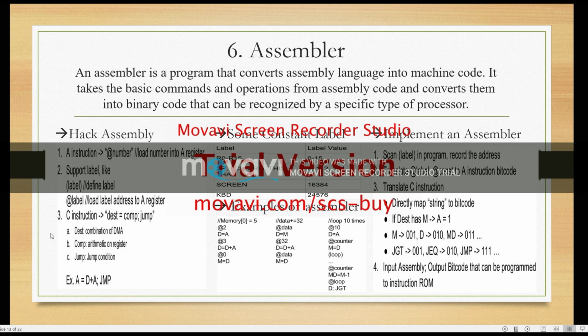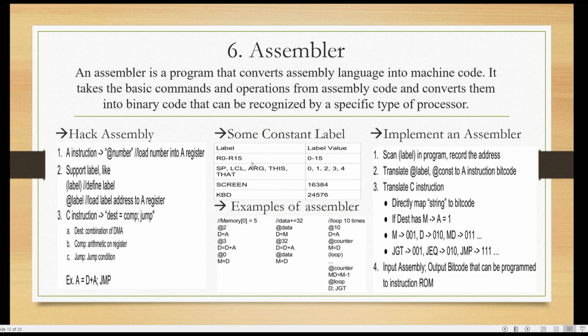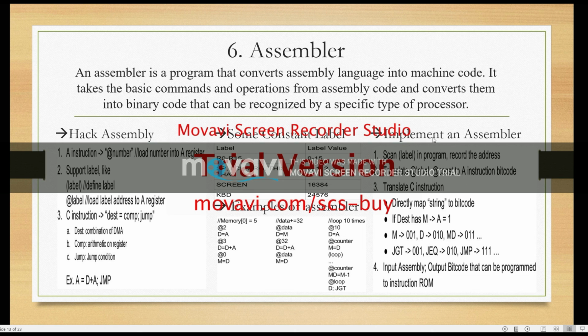This is the algorithm for implementing Hack. Constant labels are label values. Here are some constant labels for the implementation of Hack assembly. Here we have some examples of assembler. For implementing an assembler, this is the algorithm given.